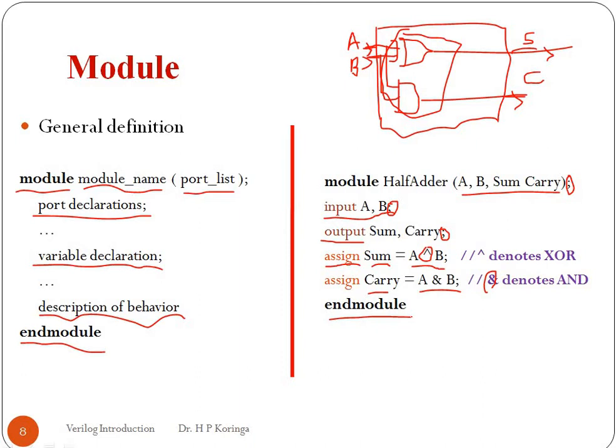If we want to use any jumper, then we have to declare it. It is a variable declaration. And the description of behavior can be written in three different architecture bodies: using the data flow description, using the behavioral architecture description, and using the structural architecture description. We'll see all three architecture descriptions in detail in the next part.